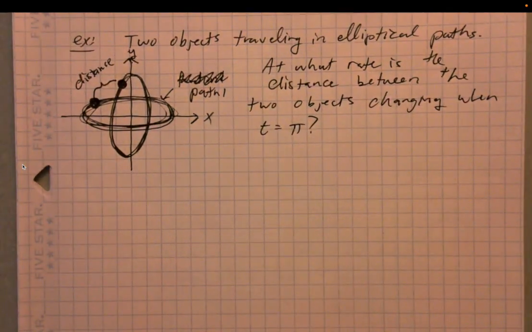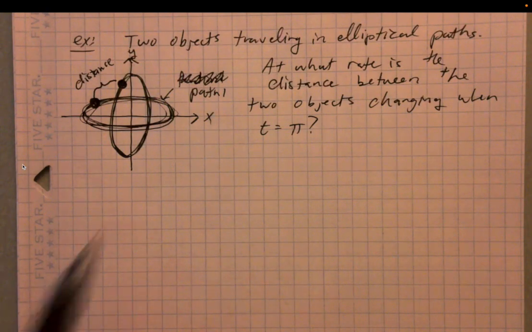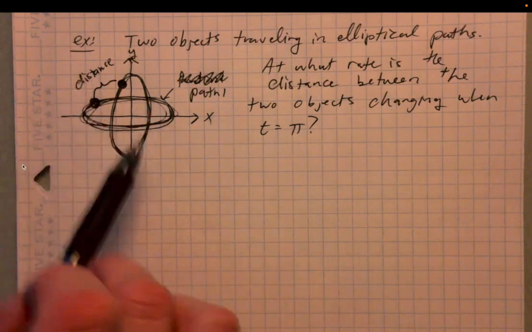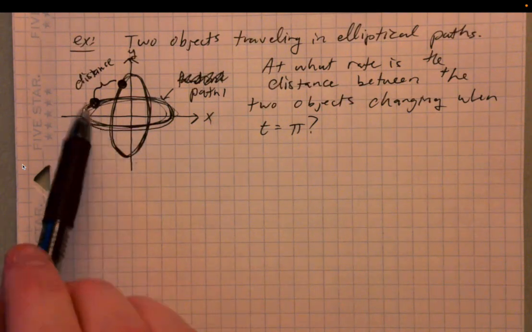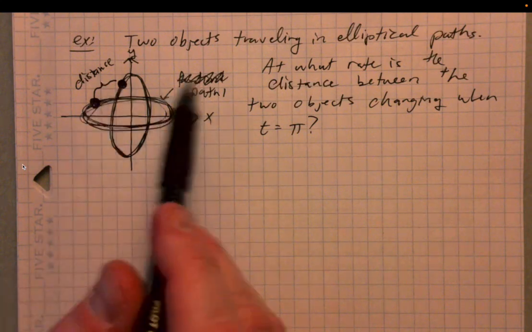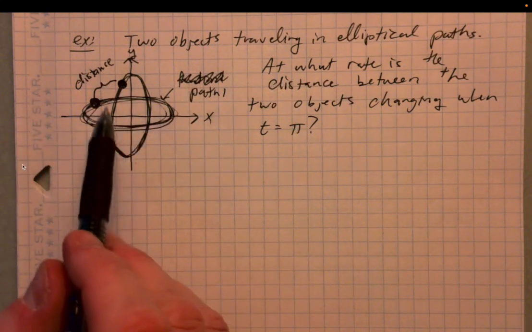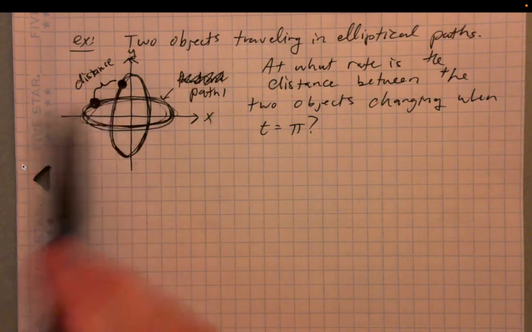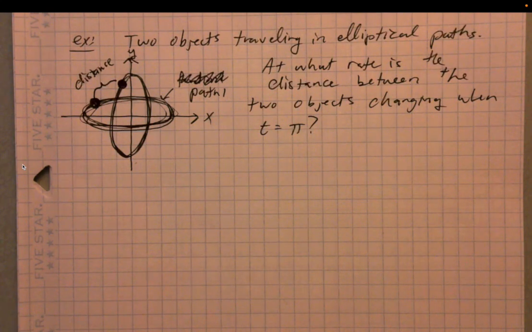So we want to find it for a specific t, but then really for any t. So particles flying around here, intersecting each other on two separate paths. There's a distance between them at any time t. If I were to freeze the picture at any time, I could calculate the distance, right? And what I want to do is come up with some kind of function or equation that tells me what that distance is for any time t.